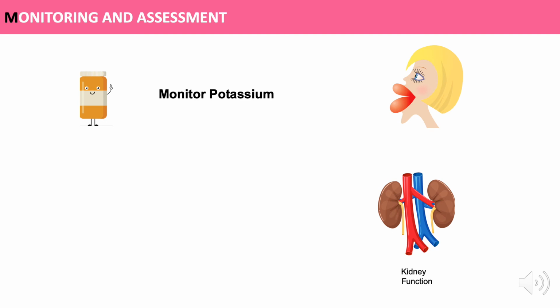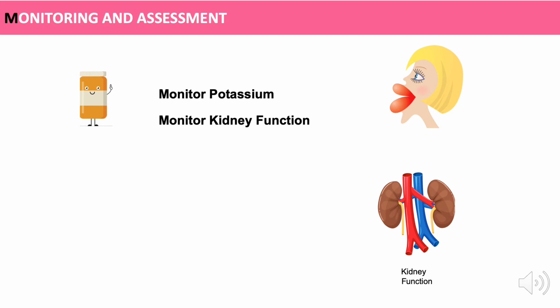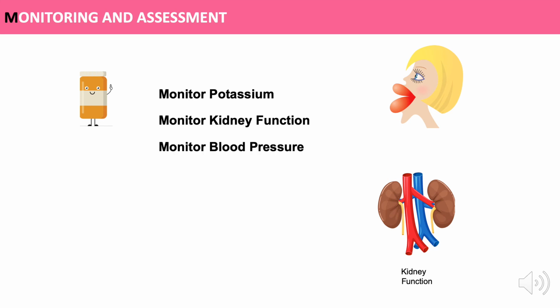So monitoring and assessment. M stands for monitoring. Of course, you want to be mindful about the potassium, potassium medications, and potassium from their diet. Also, kidney function. Monitoring their blood pressure.